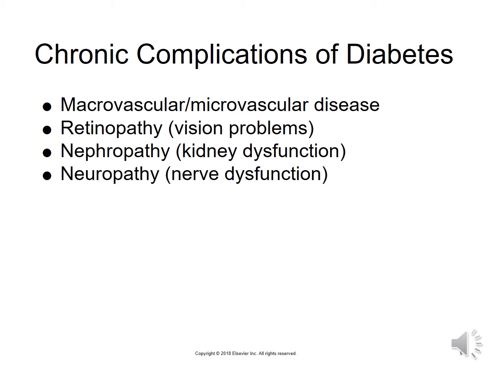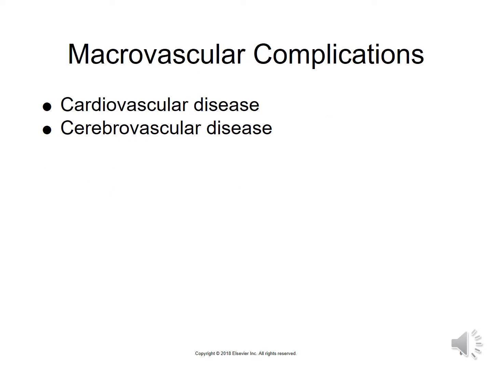Especially if you have any one of these, you are definitely at high risk for cardiovascular disease, especially if you're smoking and have a family history. So, how will you know that you have kidney dysfunction? Of course, we'll follow the BUN and creatinine, but you will also start to see protein in the urine.